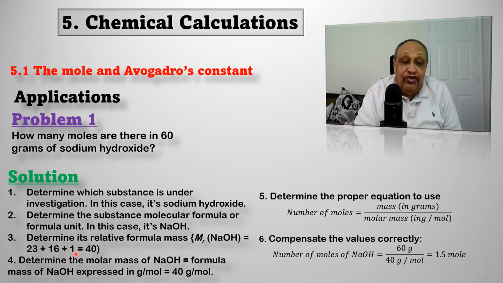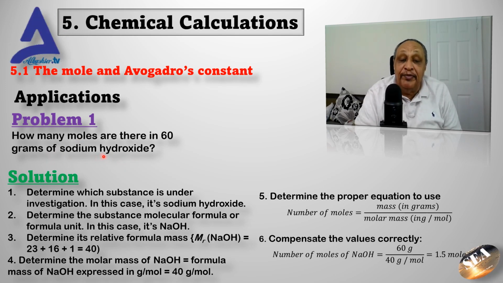From where did I get those numbers? I got those numbers from the periodic table. Sometimes they can give it to you in the problem, but here they are not. So we have to bring them from the periodic table.